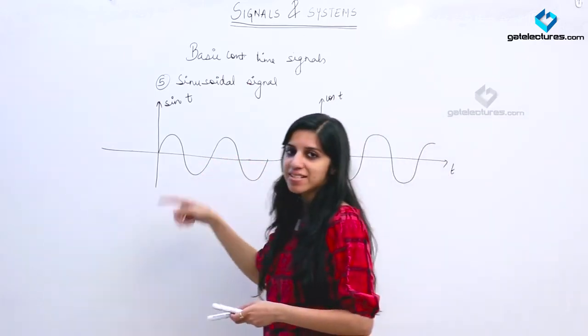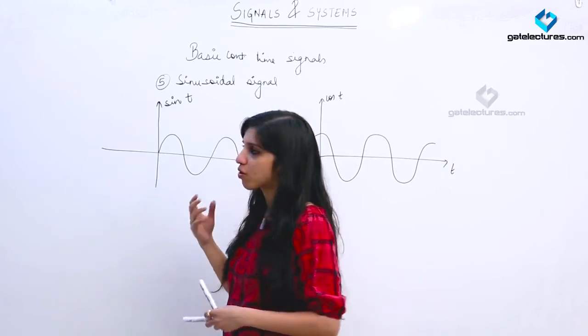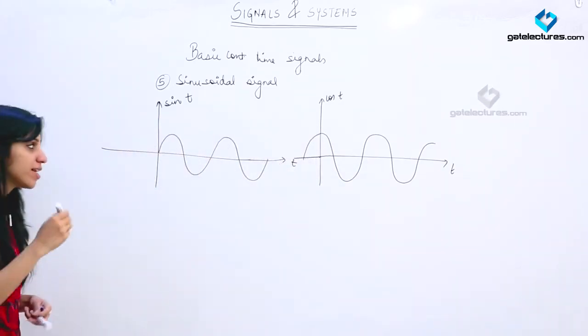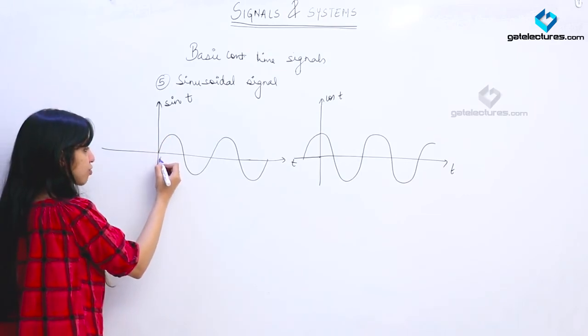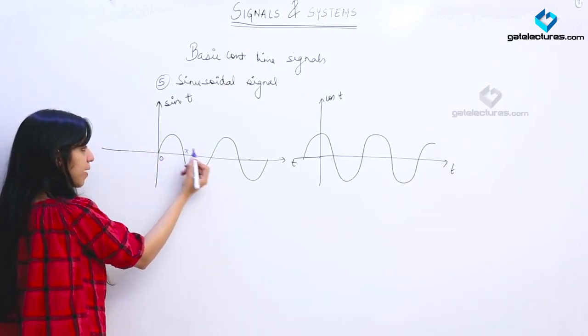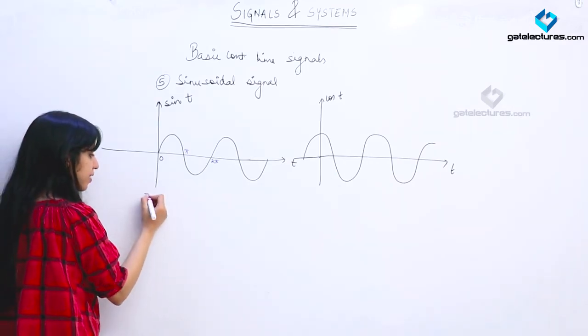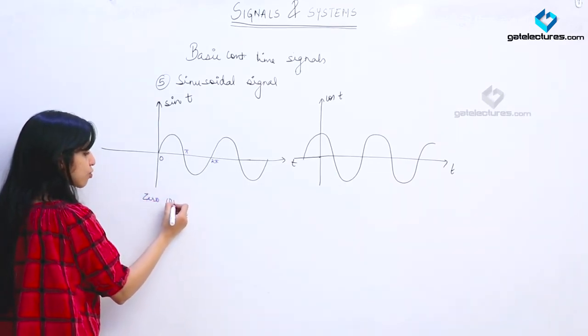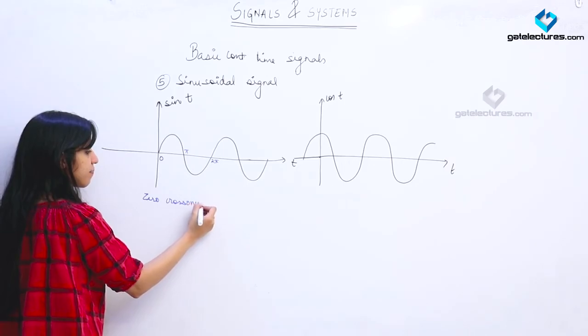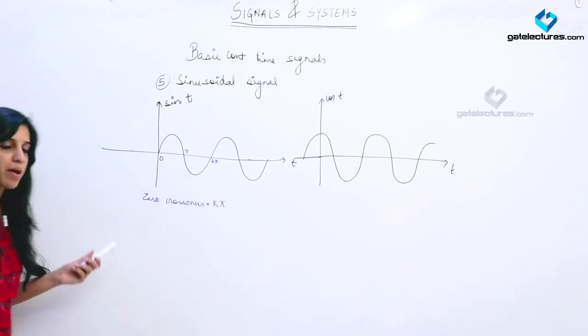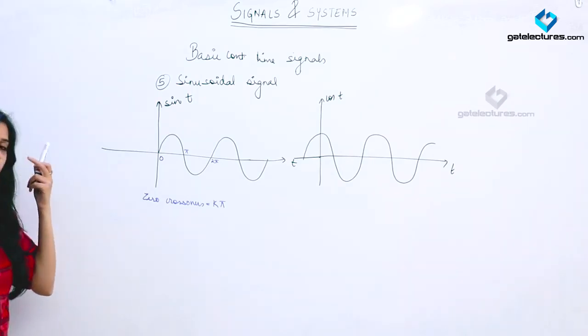This sine has its zero crossovers, meaning whenever the signal has the value 0, at 0, pi, 2 pi, or generalizing, zero crossovers for sine signals occur at k pi, where k can be 0, 1, 2 or any integer.